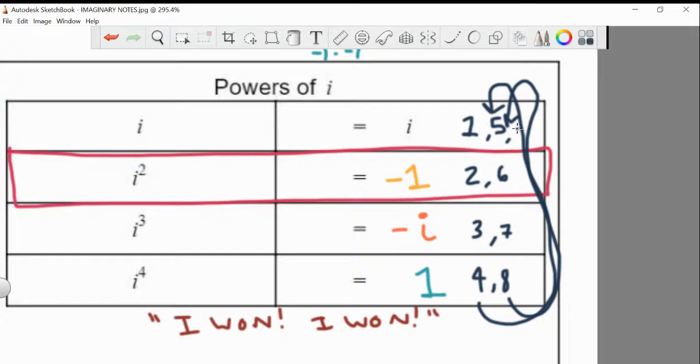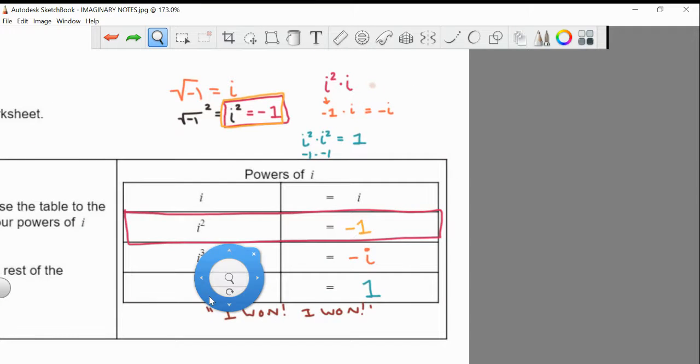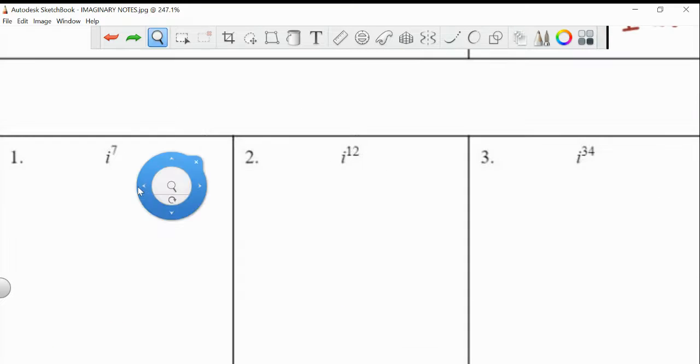Goes back to the top. i to the power of 9, 10, 11, 12. Because every time we get to the 4th power, we go back to 1 and it all kind of disappears for us. So what you need to memorize is not only these 4 powers of i and what they're equal to, but you also need to be able to handle questions like the first 4 questions, okay?